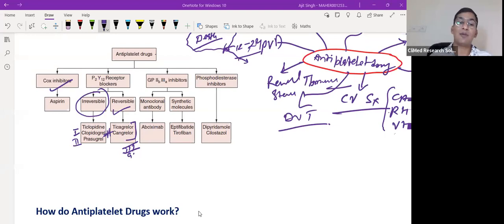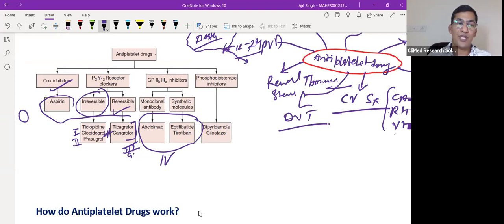Remember, these are all IV, and the others, including aspirin, are oral, PO. This one is IV.